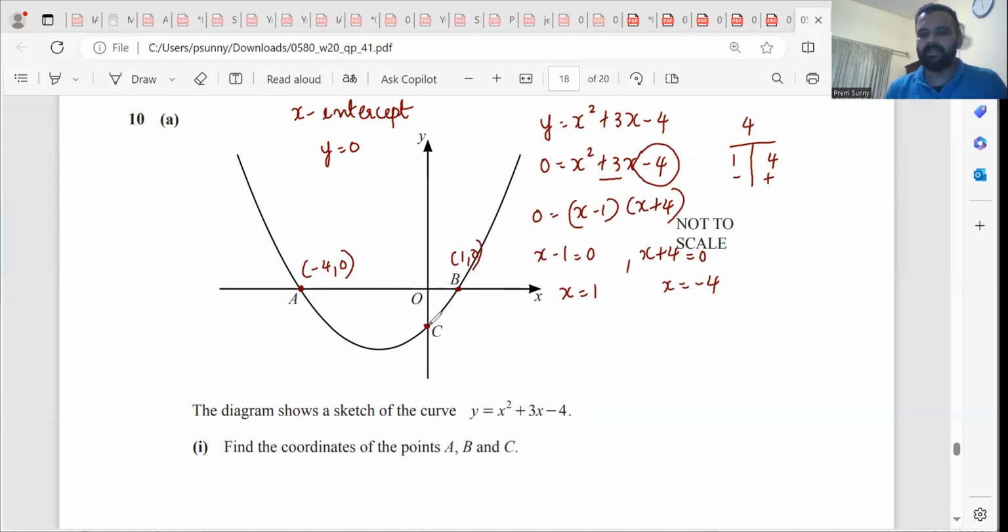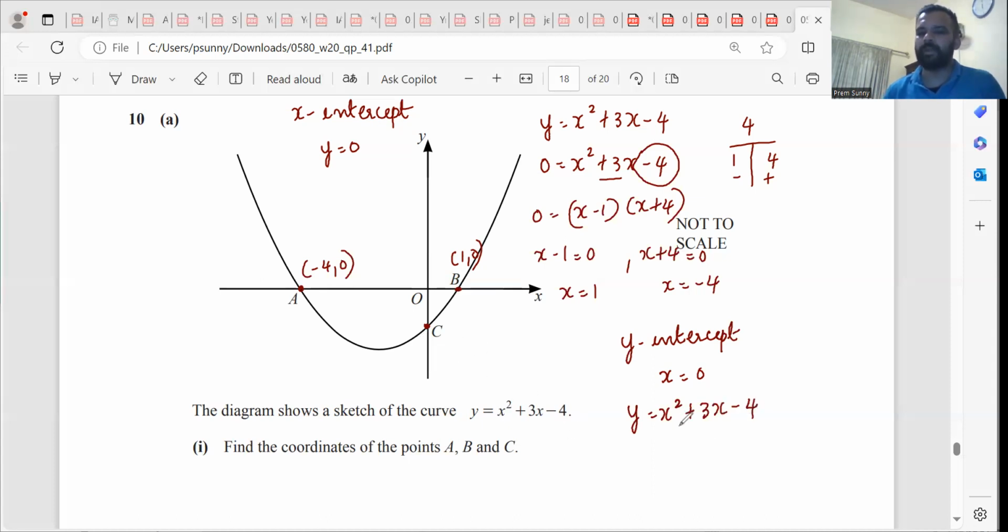Now point C is a y-intercept. Y-intercept means the point at which the curve cuts the y-axis. A point on the y-axis means x is equal to 0. Write down the equation given in the question: y equals x squared plus 3x minus 4.